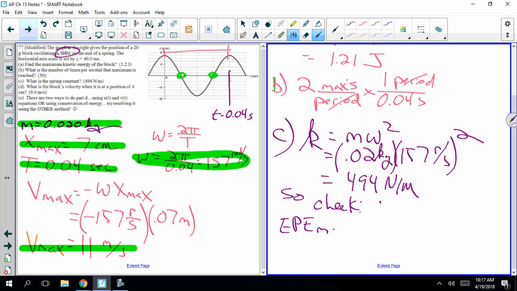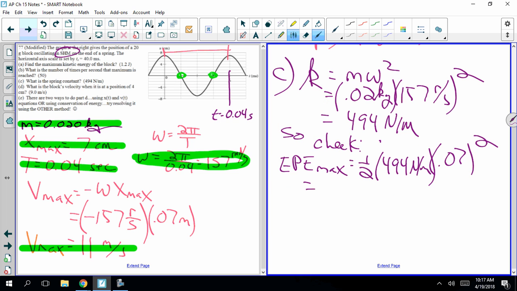EPE max equals 1/2 times our K, which is 494, times our X max, 0.07 squared. Anybody have a calculator handy? 1.2103. 1.21 joules. Hooray! Physics. Cool? Any questions?